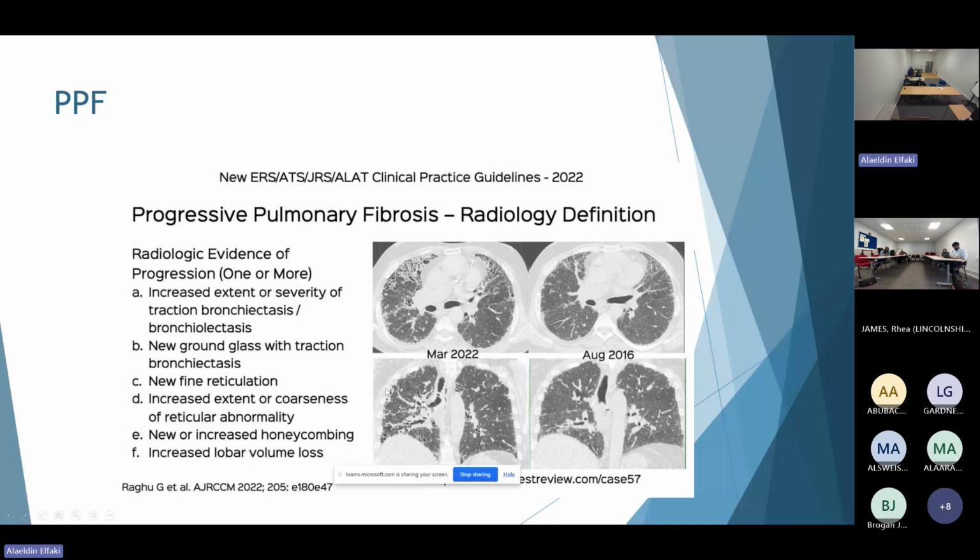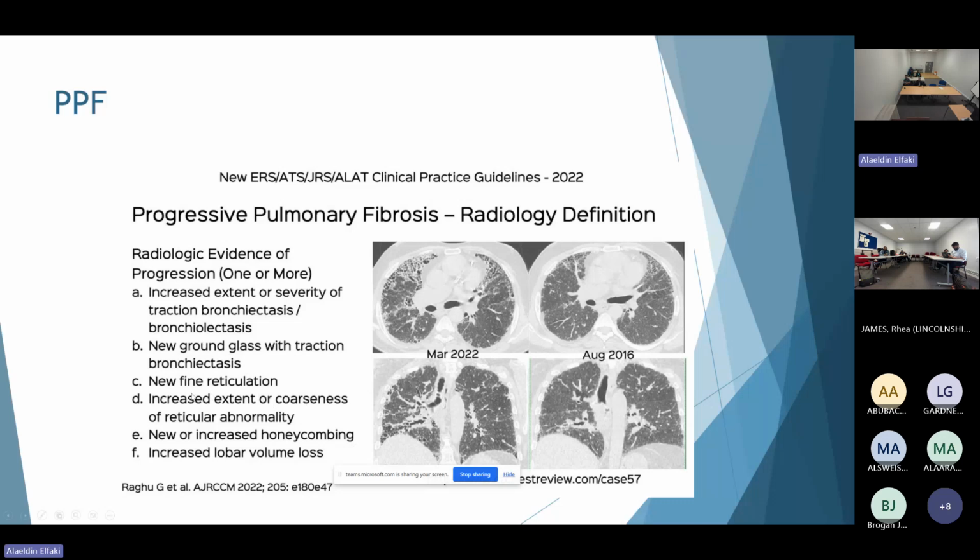The same thing that we spoke about, to define radiological progression of a disease, you need to have either an increase in the severity of the traction bronchiectasis. Also, if there is increased ground glass densities, or new ground glass opacifications.